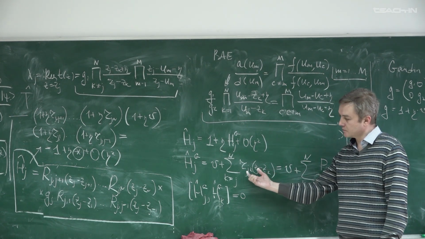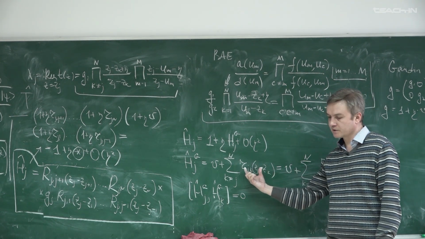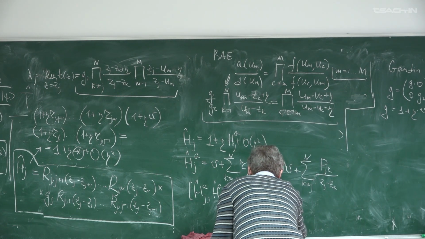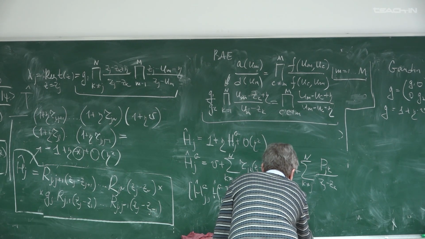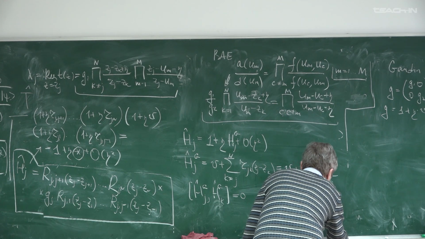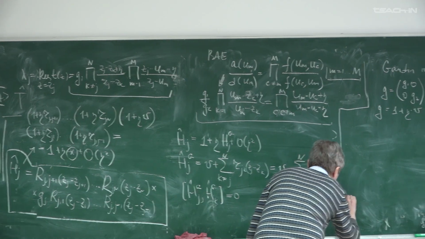So we have a commutator of two sums of classical R matrices, and I will just schematically write that they will unify in these combinations.